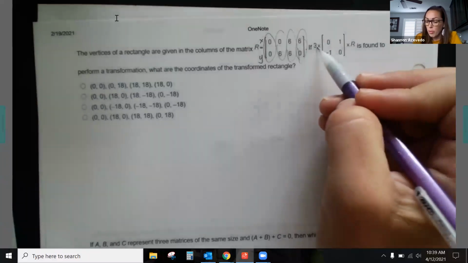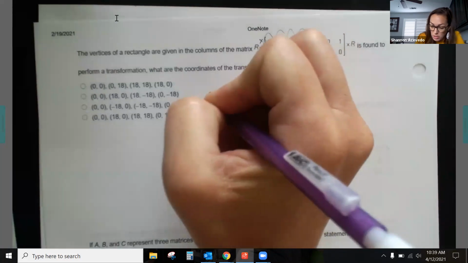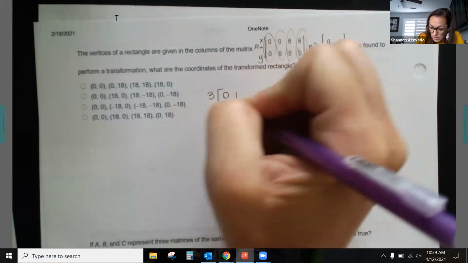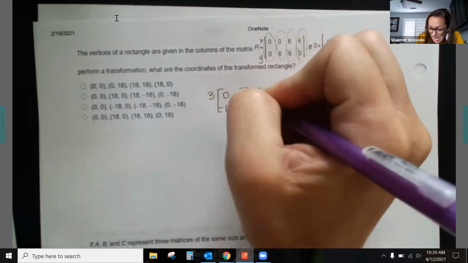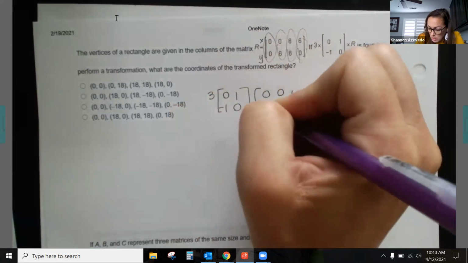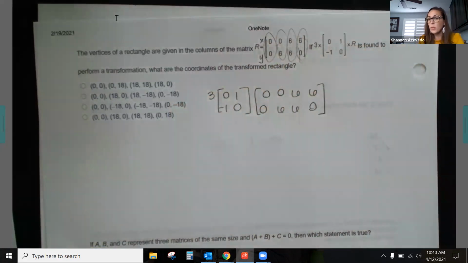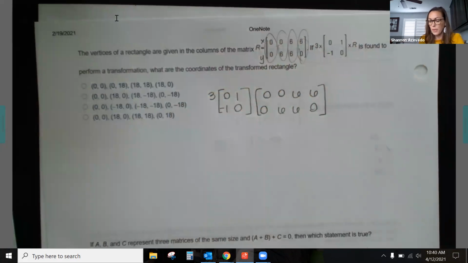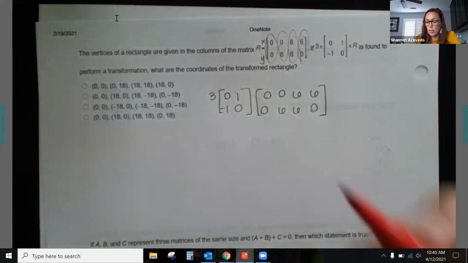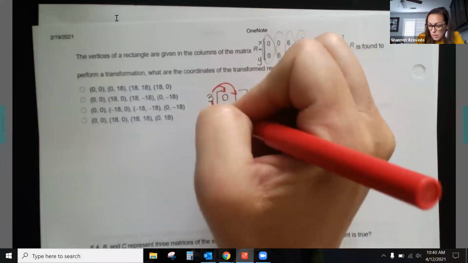So I'm going to do 3 times my matrix times R. So that's telling me it's 3 times [0, 1; -1, 0] times [0, 0, 6, 6; 0, 6, 6, 0]. So all I'm doing is performing this operation here. So take it piece by piece. First thing I'm going to do is go ahead and distribute the 3. I only do it to my first one. It doesn't go to each one.